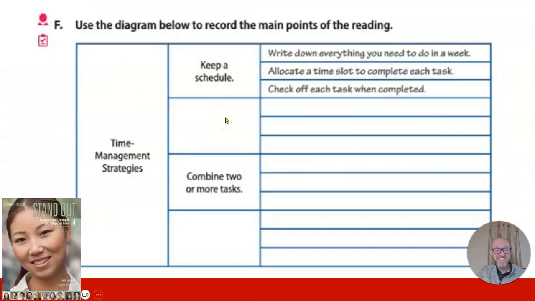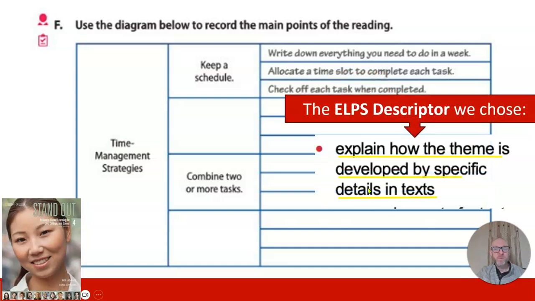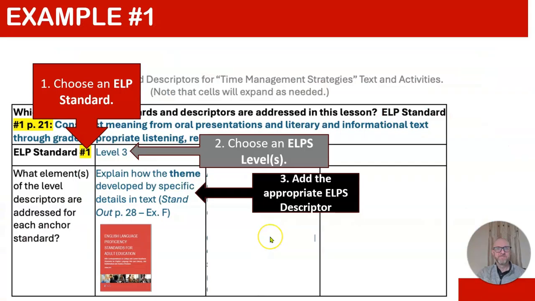And we pointed to exercise F, where they have this skeletal outline. They have to record main ideas and then specific details from the reading. So we feel that this ELPS descriptor matches this particular exercise.